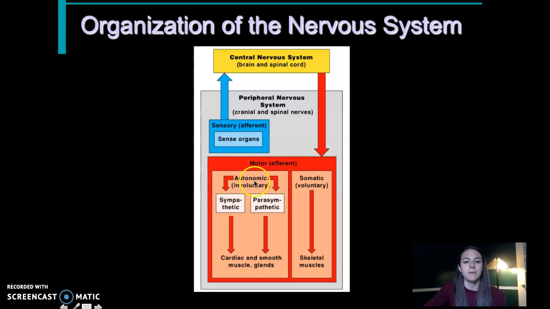That's either an autonomic response, which is involuntary. So maybe our heart starts to beat faster. Maybe we start to sweat. Maybe our eyes dilate. Or a somatic response where maybe our muscles move, but we start to run away. And you can see that here.